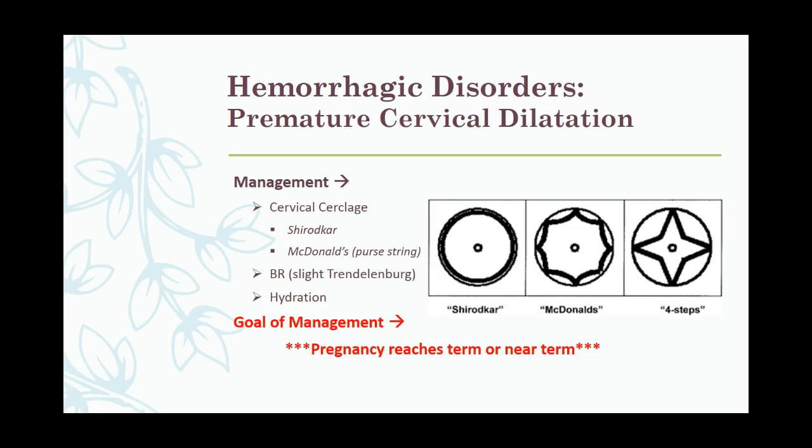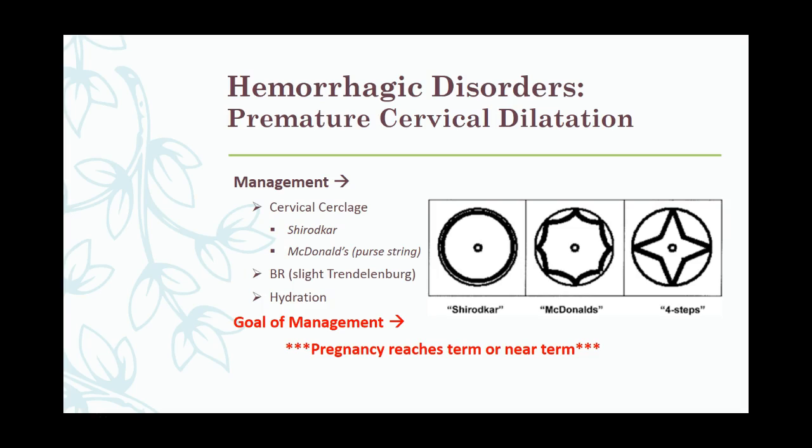So basically it holds the cervix shut until it's appropriate for the cervix to open. When the woman gets close to term gestation, the OB can go in and cut that suture out and the cervix can open up naturally on its own.